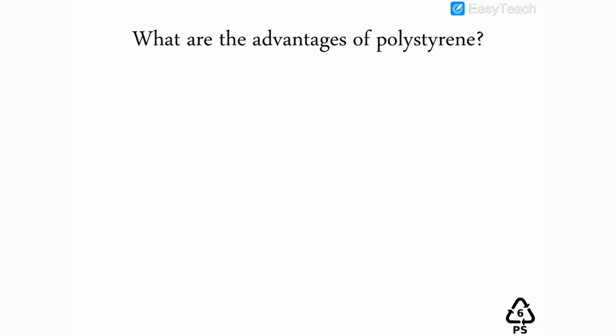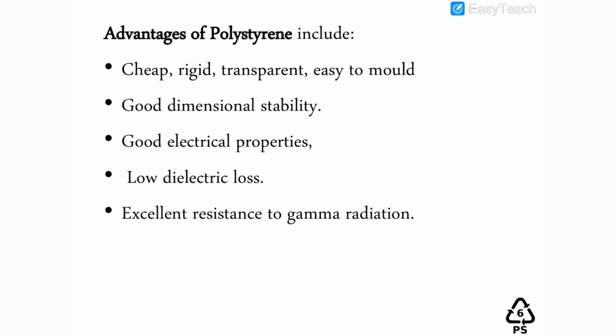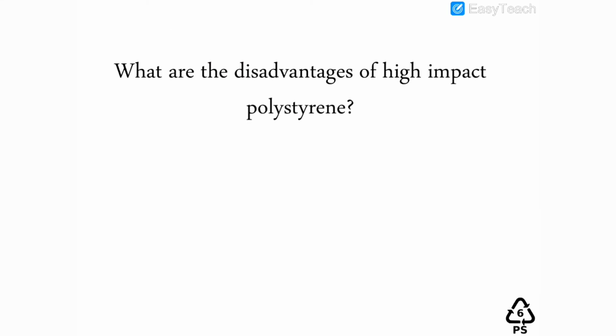Next, what are the advantages of polystyrene? Advantages include cheap, rigid, transparent, easy to mold, good dimensional stability, good electrical property, low dielectric loss, and excellent resistance to gamma radiation.